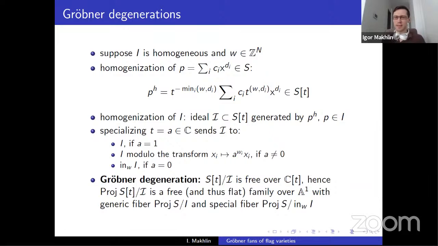What I want to say is that every initial ideal actually defines, in some sense, a flat degeneration of the ideal we started with. We are not going to be using this, but it is a very simple and neat construction, which you can really understand. And this is why I'd like to explain this.